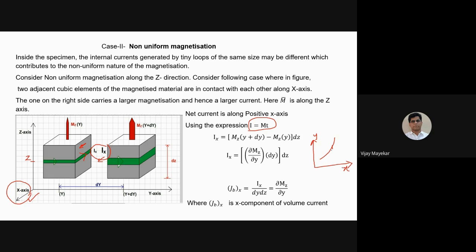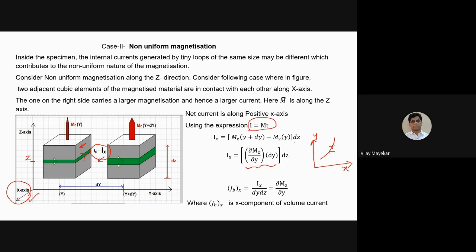Along this, if I want the change in dy, I use the slope multiplied by dy. In the same way we are doing it here. Here dy is the appreciable change. What is the actual change along the y-axis? We go for the slope, the change in M with respect to the change in y, and then we multiply by the thickness dz.